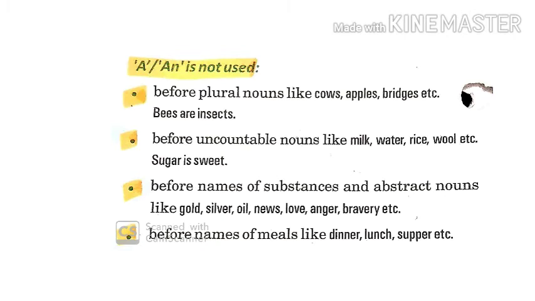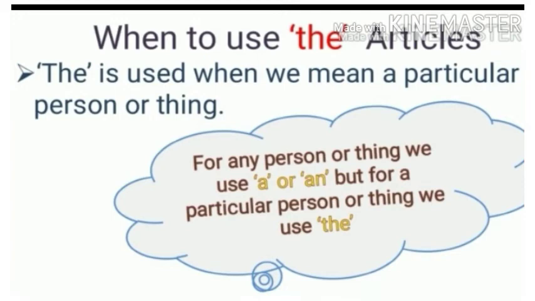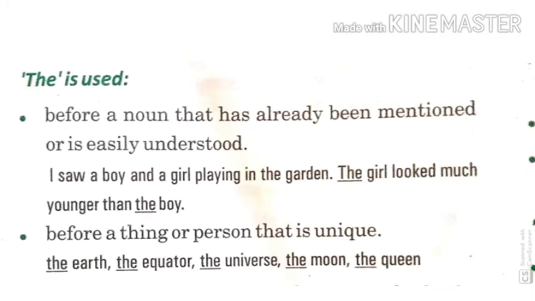Now children, we'll come to the definite article, that is the. What is the definite article? The. Now, it is very important to know where this article is used. First of all, the is used before a noun that has already been mentioned or is easily understood. Now I'm reading out a sentence to you.